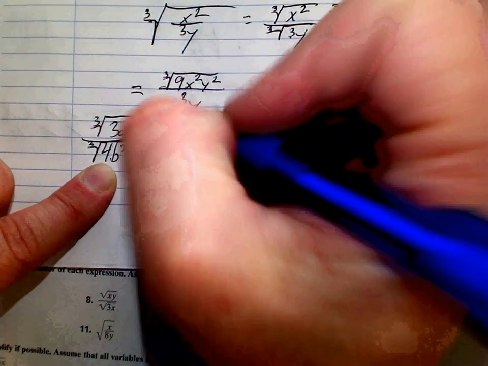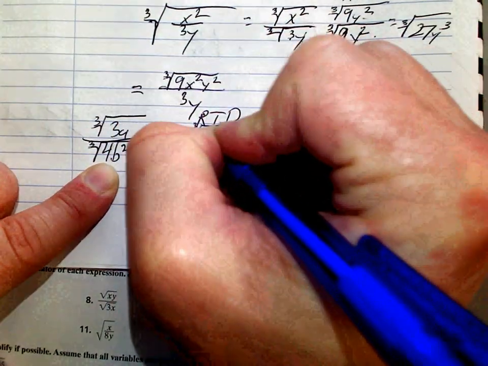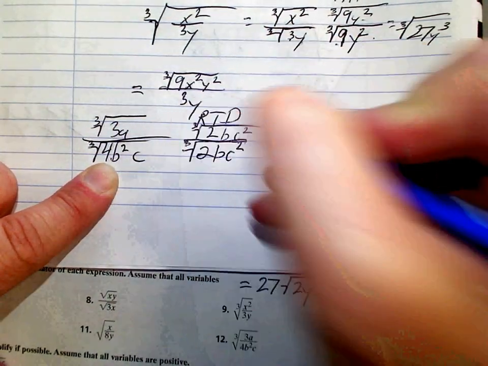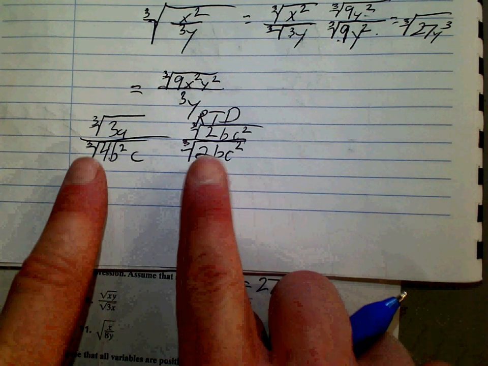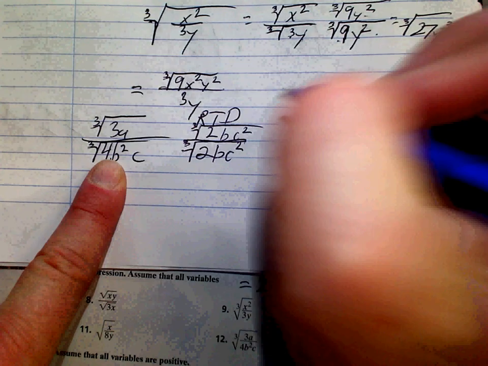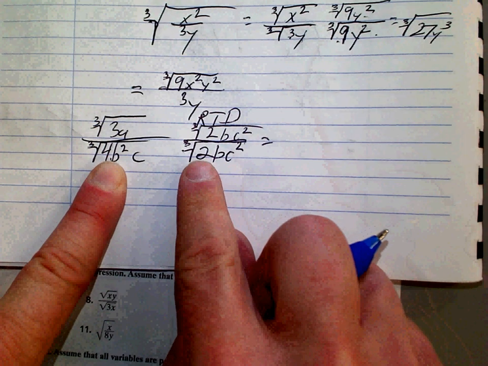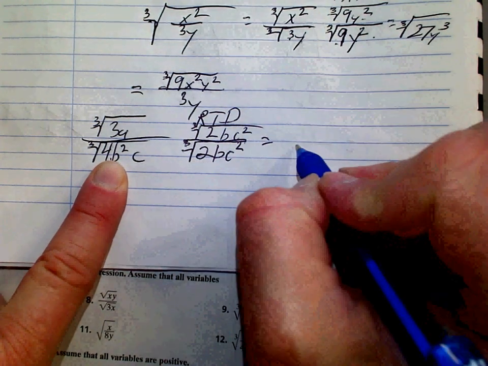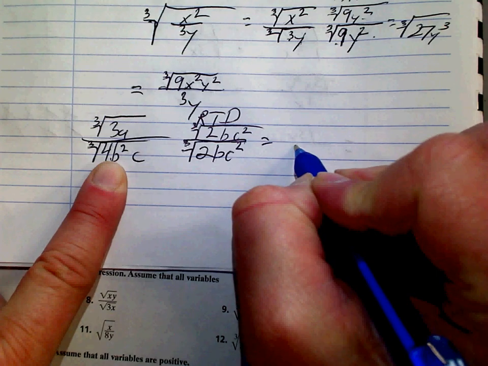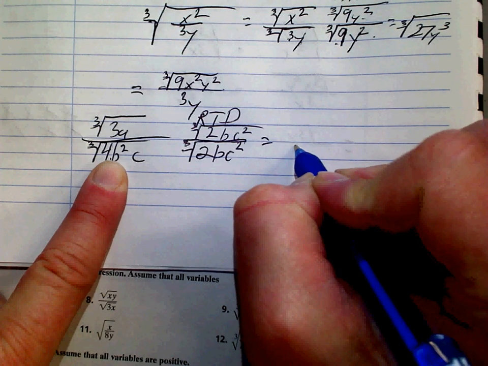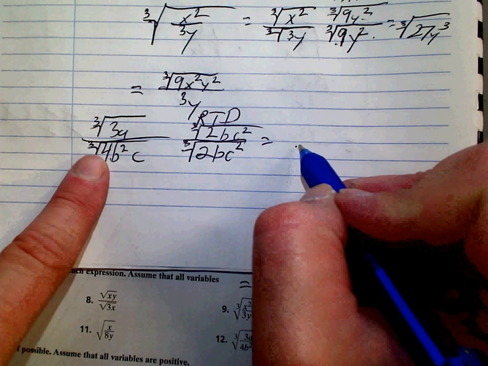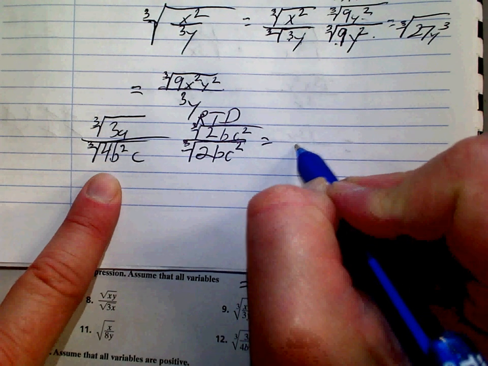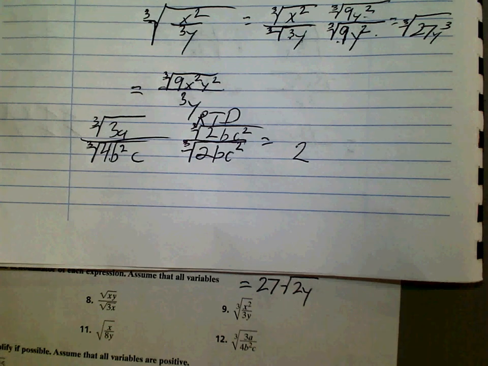2bc squared. We'll do it on top and bottom. The bottom. You multiply that out, what's the number going to be? So it's going to be cube root of 8, which is what? 2. Cube root of 8 is 2. We're going to have b to the third. What's its cube root? We're going to have c to the third.